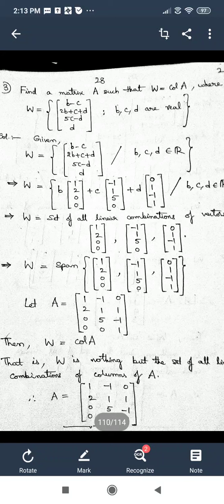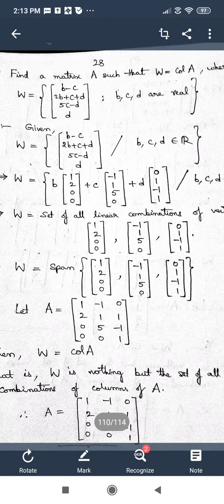Here I am taking b common, c common and d common, so that we get the sum of scalar multiples of three vectors with the scalar multiples as b, c and d. Now let us see what happens.